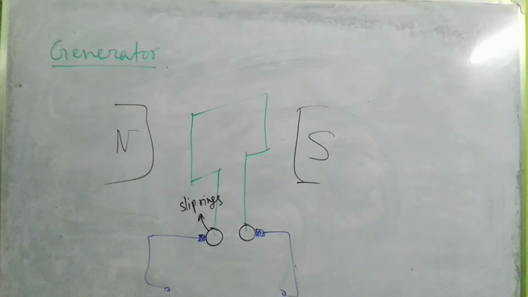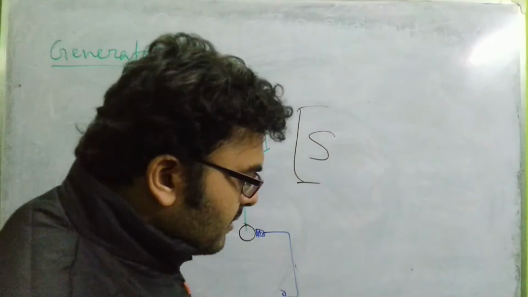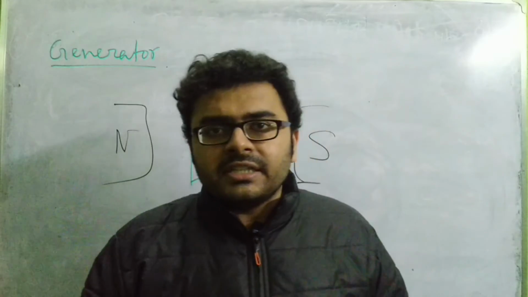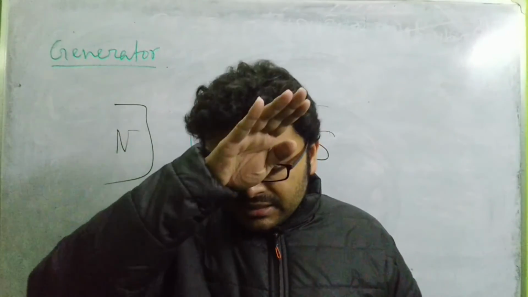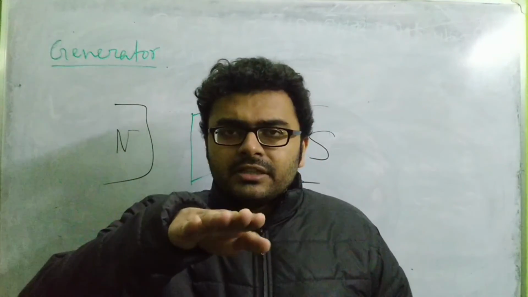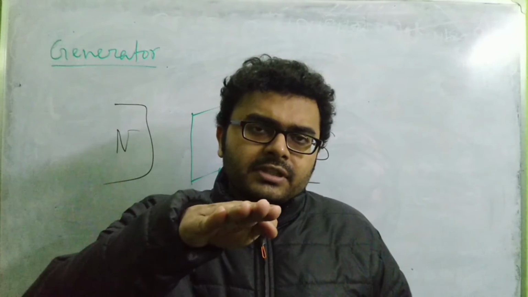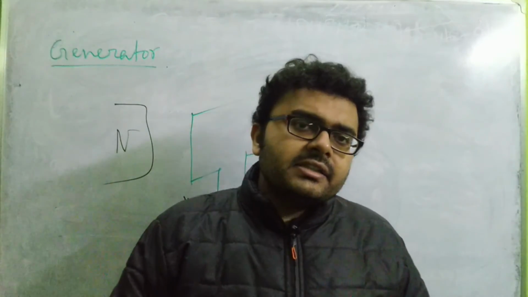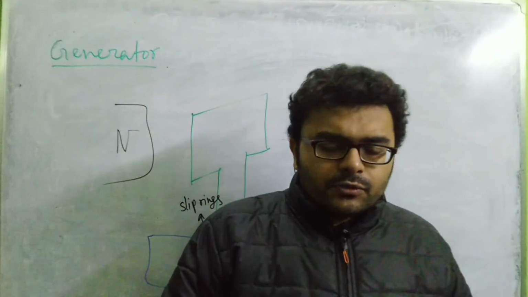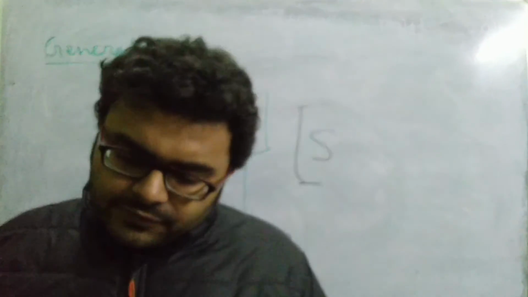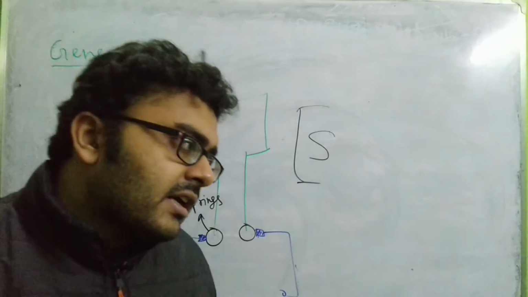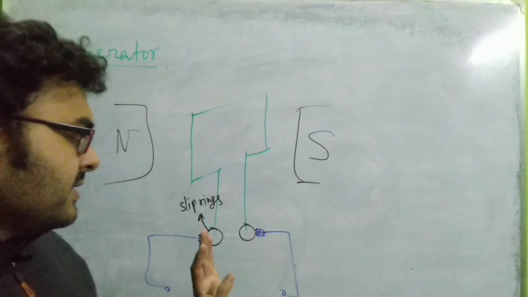It is a little bit difficult to understand this without a 3D model or 3D picture, but if you just think calmly, it will be clear that when the conductor is rotating, we get the direction of the current using Fleming's right hand rule. If you apply that rule, you can see that the current flowing in the coil gets reversed.